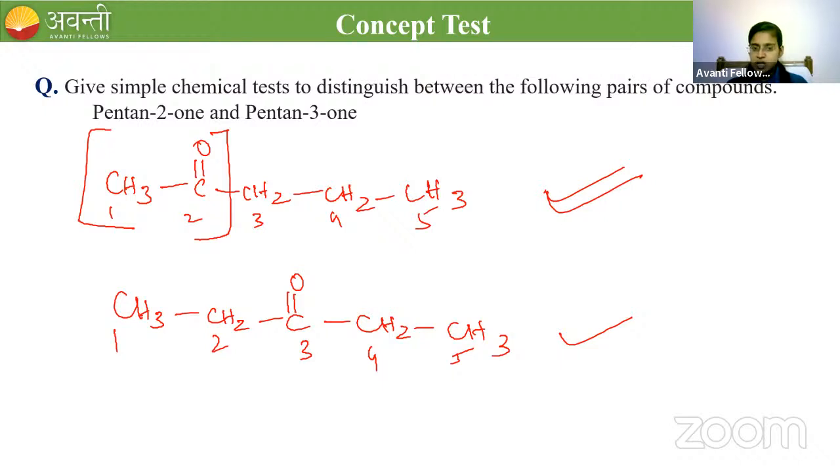Instead, it has CH3CH2CO, so it will not give a positive result for the iodoform reaction. We will not get any yellow precipitate for pentan-3-one. So we can distinguish pentan-2-one and pentan-3-one using I2 and NaOH, which are the reagents used in the iodoform reaction.